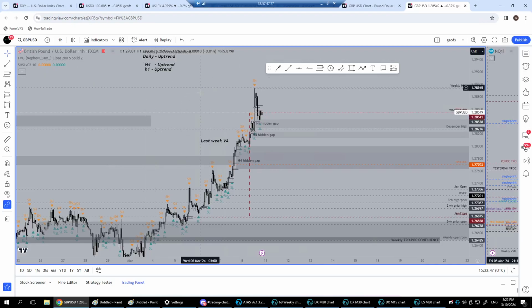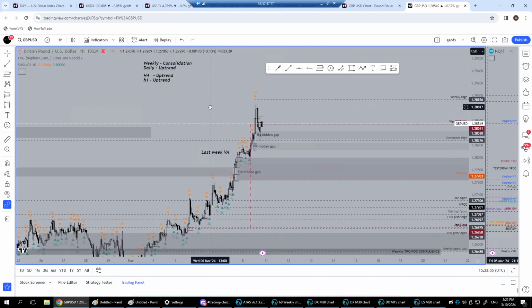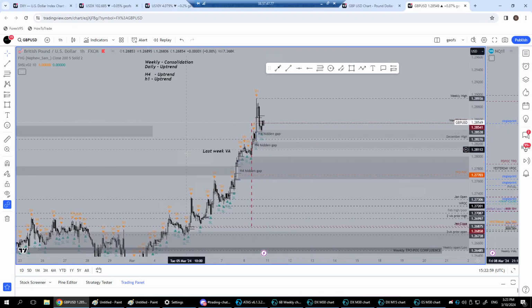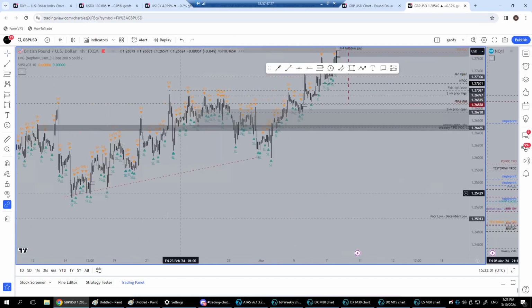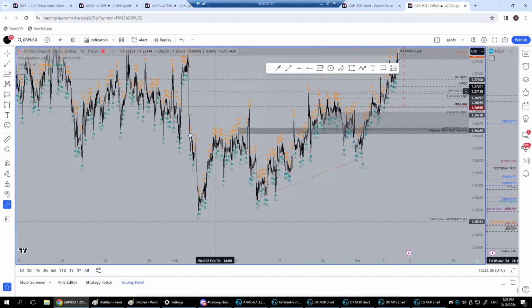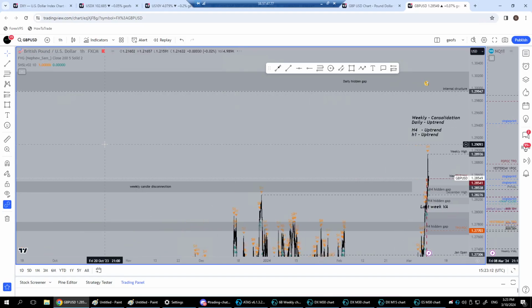So part of that is knowing the trends. We've now said weekly consolidation, daily uptrend, H4 uptrend, H1 uptrend. We need now good reasons to sell down to December's poor low, because everything is trending up. And we have this internal structure and a hidden gap up here.